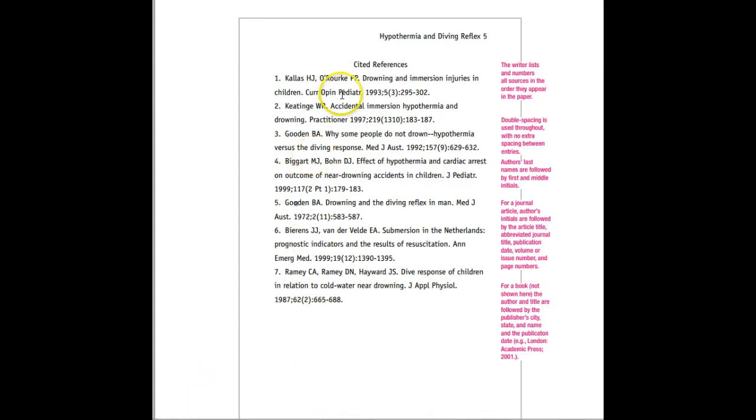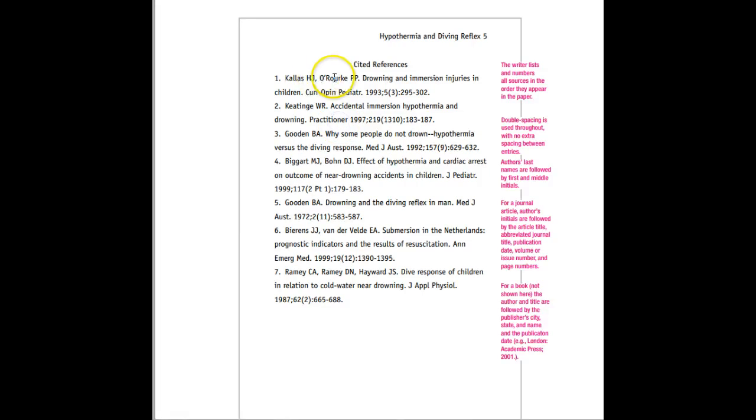Okay, so let's go over the cited references. We have last name, and then first initial, middle initial. Notice there is no comma separating the last name from the first initial.